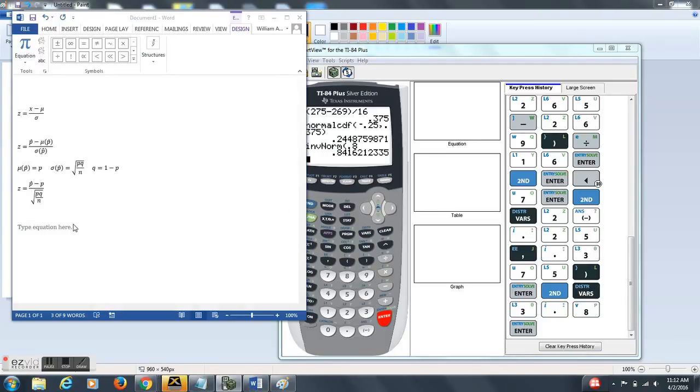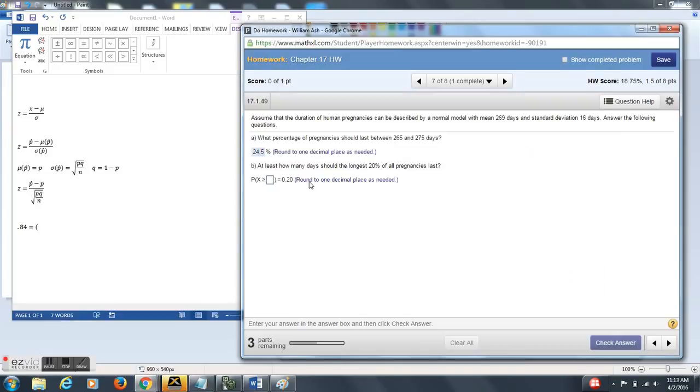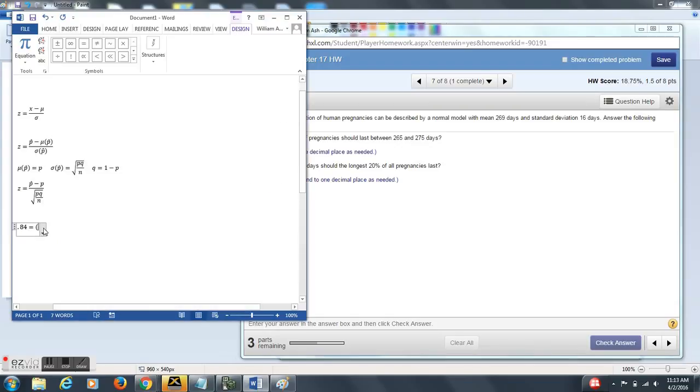So there's my z-score. And so I have 0.84 equals, that was the x I was looking for, or actually is it a p hat? To me, it's an x.